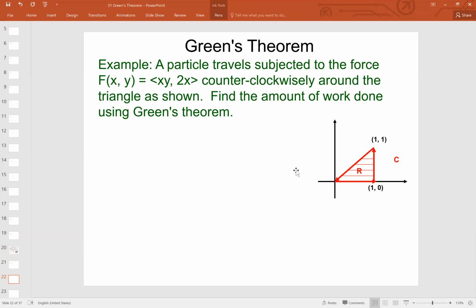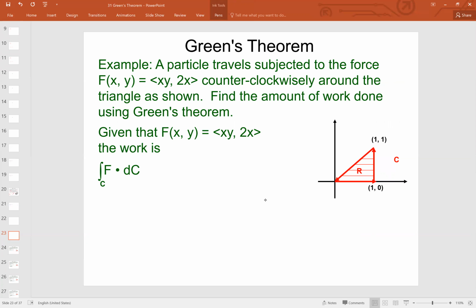Here is an example. I have a vector field (xy, 2x), going around counterclockwise around the boundary of this triangle, which is C. We're going to convert that into a double integral over the triangular area, and that's very straightforward.